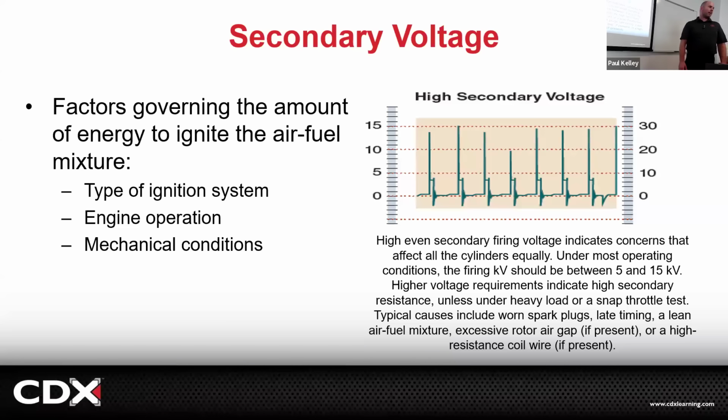You're going to have to look up the specs for that specific ignition system, right? So if it says, oh yeah, normal is 10 kV and you've got 10 kV on only one and you've got 15 on the rest of them, I mean, that'd be kind of weird, right? That'd be abnormal. But you got to follow the specs. Now, probably more realistically, 12 to 15 is normal, 10 is too low. Something's up with this one. Maybe it's got low compression or something.